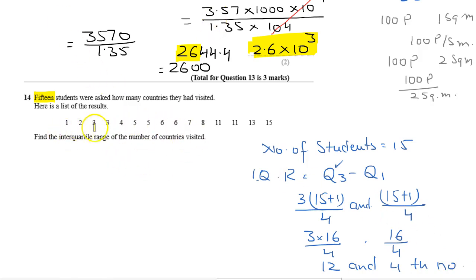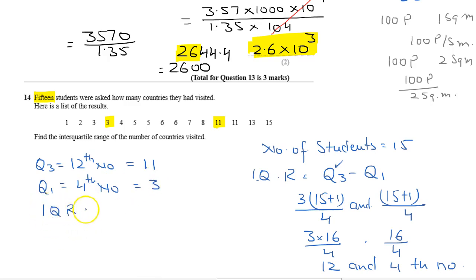So counting 1, 2, 3, 4, 5, 6, 7, 8, 9, 10, 11, 12. So Q3 is the 12th number, that is 11, and Q1 is the 4th number, that is 3.